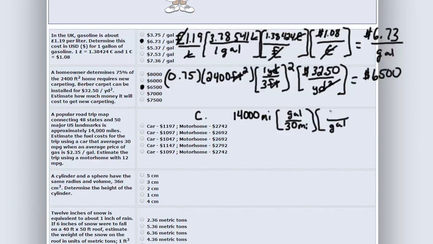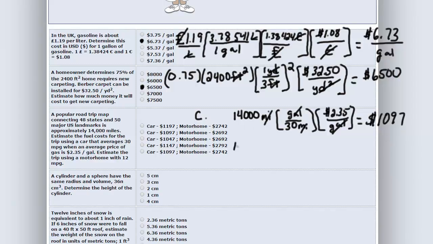So for each gallon, gasoline is 2.35, and we can see how much the total cost is. So 14,000 divided by 30 and multiply by 2.35, and that's about 10.97. So $1,097 if I used my car.